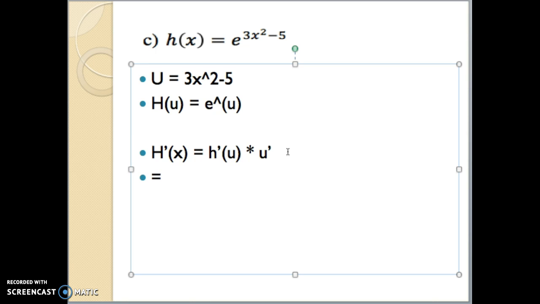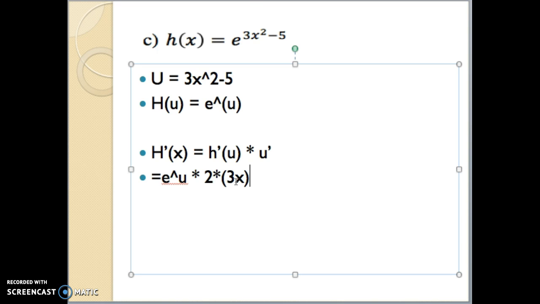And so if we take the derivative of h, we get e raised to the u again, because it's one of our elementary functions. And then the derivative of u is the 3x squared. The 2 comes down, so this is going to be 2 times 3x.